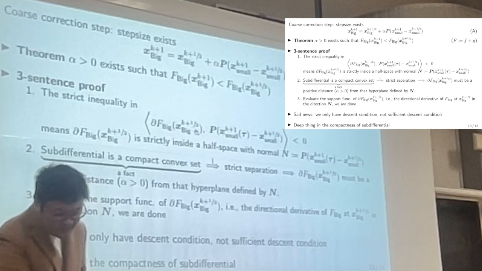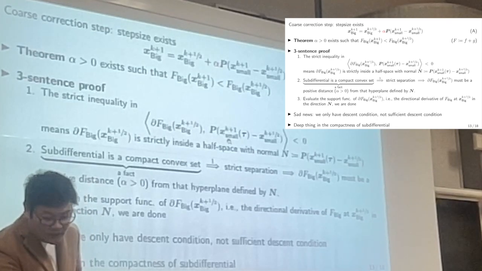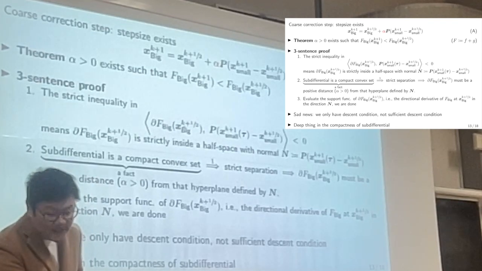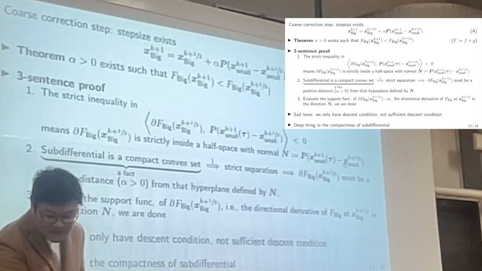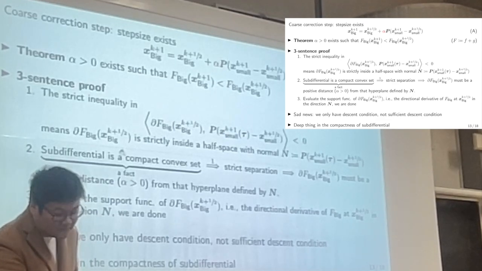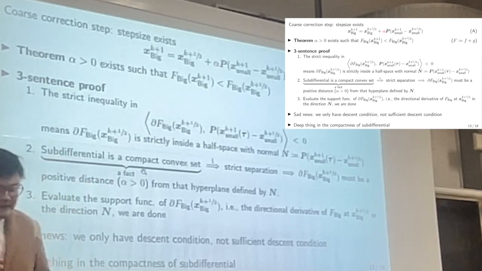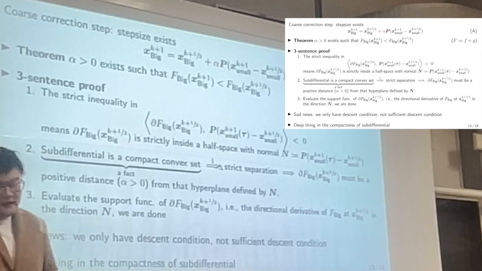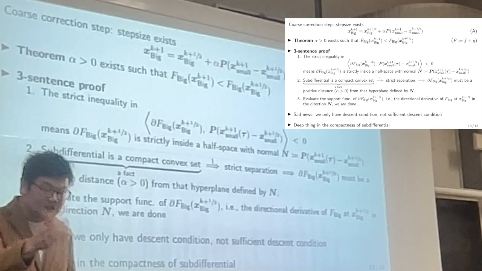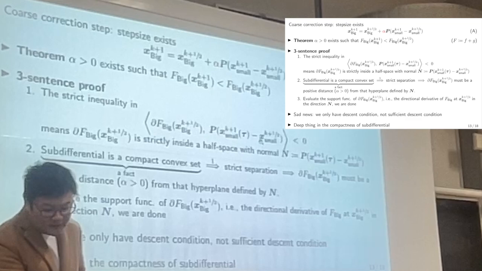Because this is basically saying I have an inner product. This is a hyperplane. This is a set. If this is strictly smaller than 0, that means if I have a normal that is defined as this expression, it is a half space of this set. The subdifferential is a compact set. That means you always have strict separation, and that strict separation means you have a positive distance here.